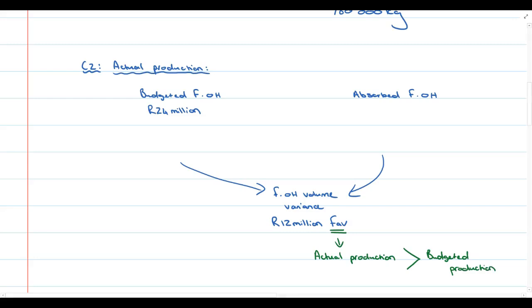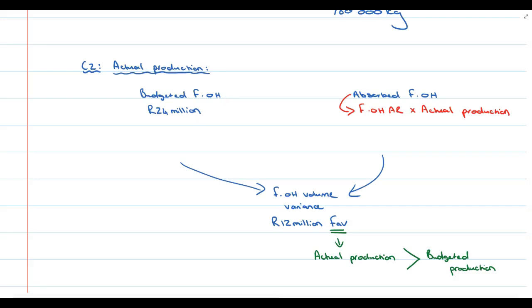Which means, remember, how do we calculate this absorbed fixed overhead over here? The absorbed fixed overhead is calculated by taking the fixed overhead allocation rate and multiplying by actual production. The budgeted fixed overhead over here of 24 million rand is obviously not based on actual production, it's based on budgeted production.